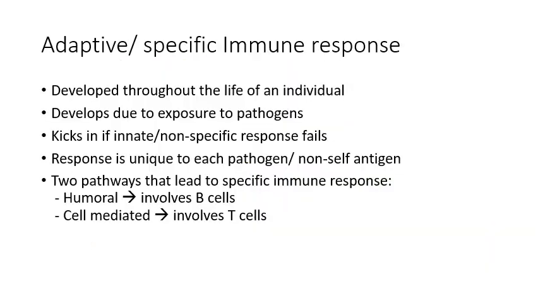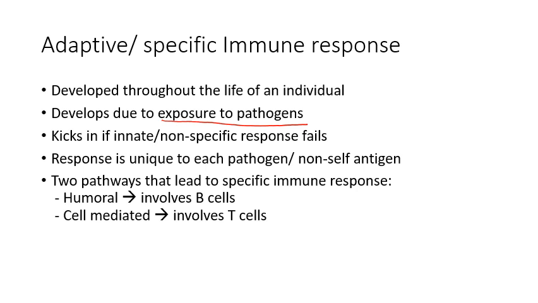Most of what's on the screen here I've already brought up previously. Our adaptive or specific immune response is something that we develop throughout the life of an individual, and we'll talk about why as we move through this. It will only develop as you are exposed to a pathogen. So if you live a sheltered life and you're not exposed to different pathogens, your adaptive immune response is not going to be as well developed as someone who has been exposed to different pathogens throughout their life.